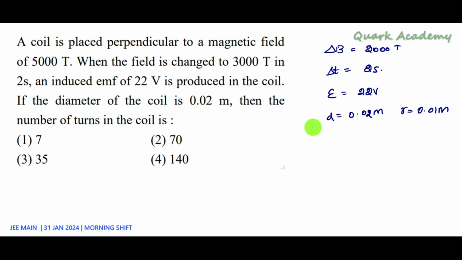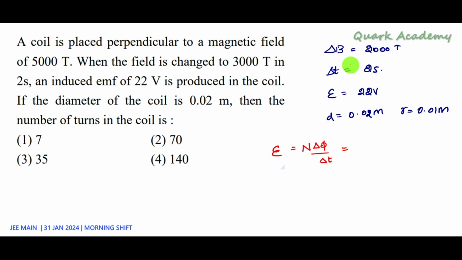So we need to find the number of turns in the coil. The induced EMF can be written as del phi by del t, the rate of change of magnetic flux. This is due to one turn. If there are n number of turns, then it will become n times del phi by del t.